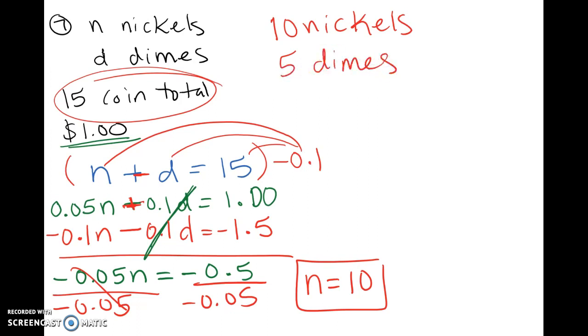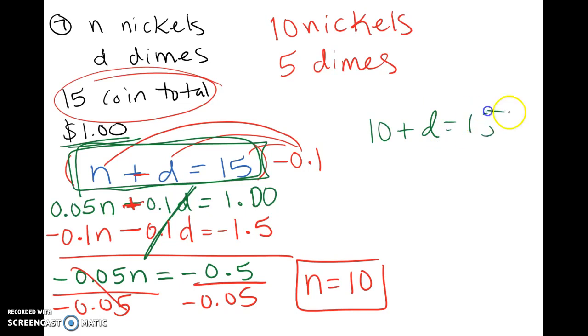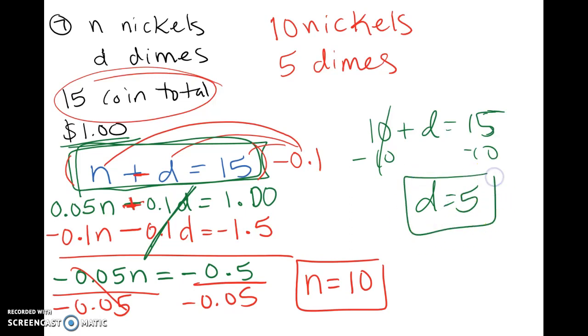Okay. The other way I could have done it is I could have plugged it back into this equation here, right? I had 10 nickels plus how many dimes equals 15. And if I subtracted 10, I would get D equals 5. Does that make sense? Okay.